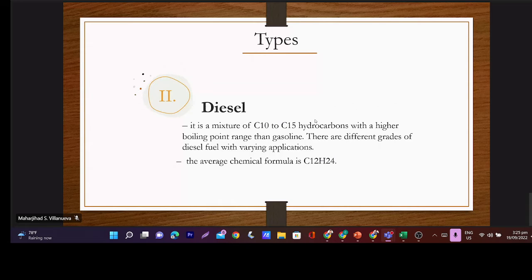Diesel engine po, yung fuel ignition without a spark but a result of compression of air and then the injection of the fuel. Ang boiling point naman po ng diesel ay 250 degrees to 350.